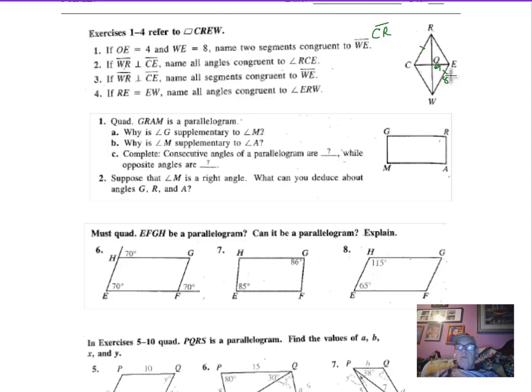And okay, so we have a 4 and an 8. That gives us like a 3, 4, 5. Well, this gives us a 10 using the Pythagorean theorem. This is a 4, that's a midpoint, that's a 4. So it turns out that all these sides are congruent, so we could say that also CW is a congruent side.